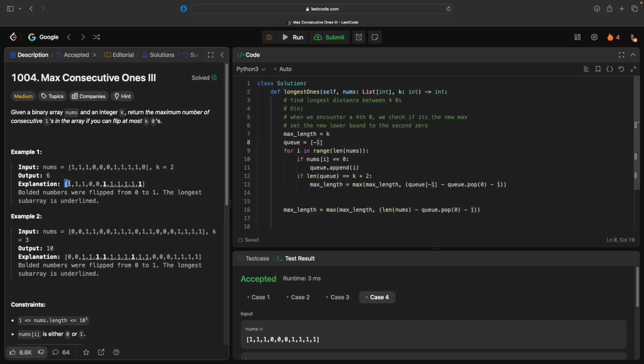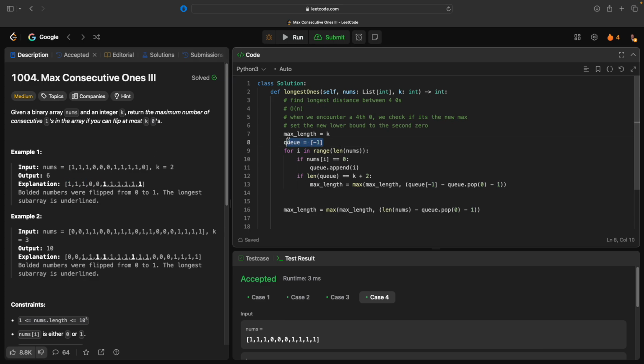Then we have 3 zeros, with quotation marks, and then we get 1, 1, 1, 1. Then we flip this 0 to a 1. We get 4 minus -1 minus 1, which is 4 plus 1 minus 1, which is 4.